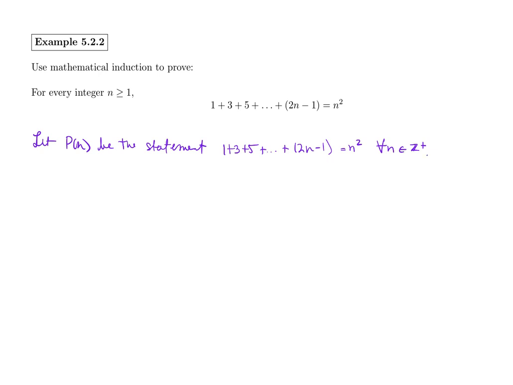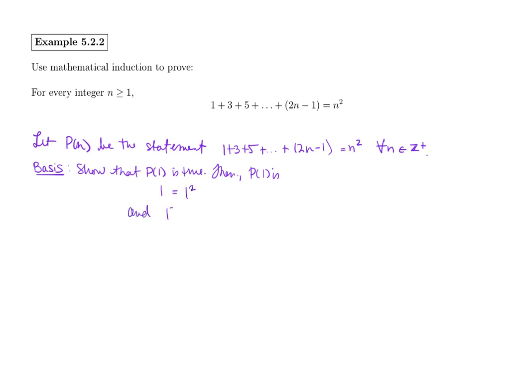And we won't always have just a set of positive integers. It so happens that on our first two examples, they all start at 1. So then we need to show our basis case. And much like example 5.2.1, this means that we want to show that P of 1 is true. Then P of 1 is, well, it would be just 1 on the left-hand side, and it would equal 1 squared.